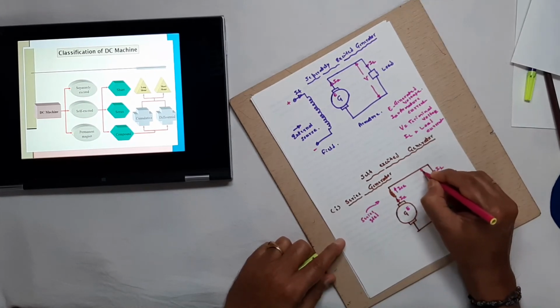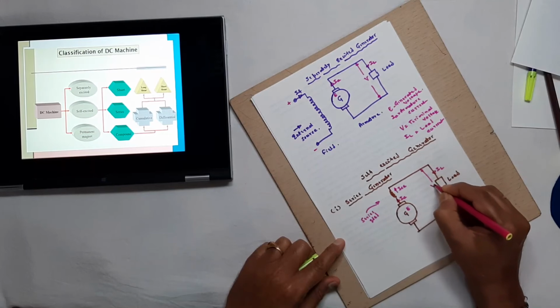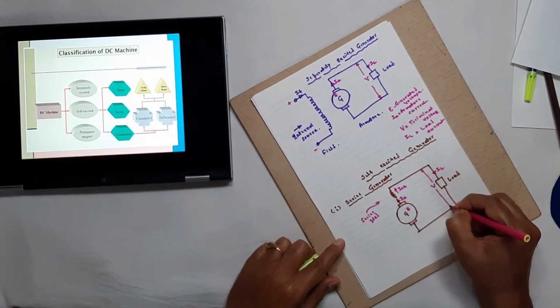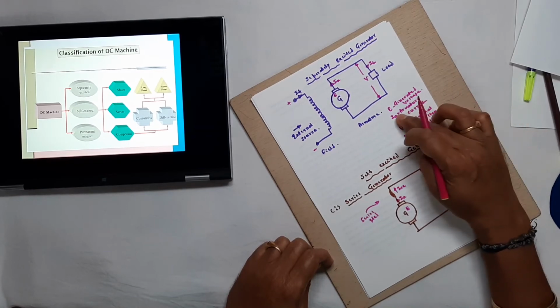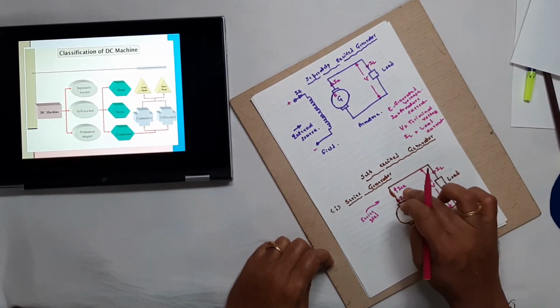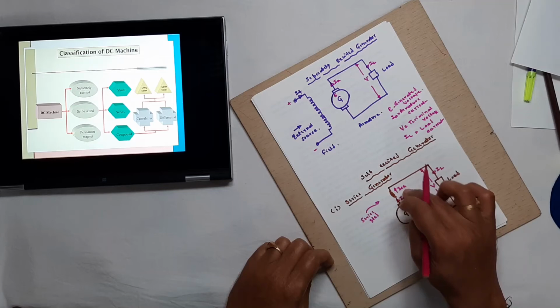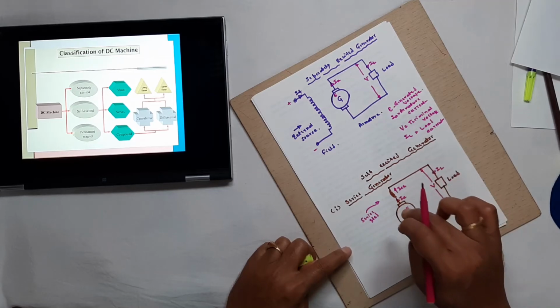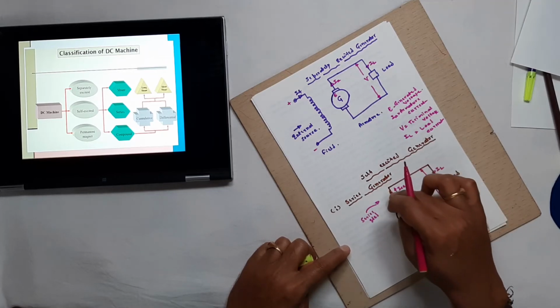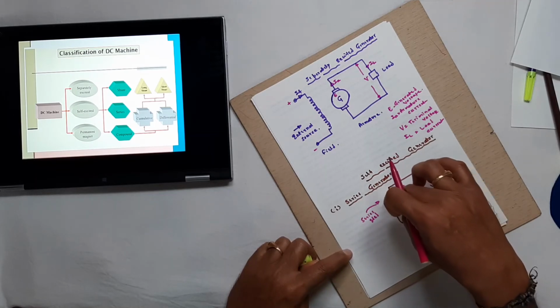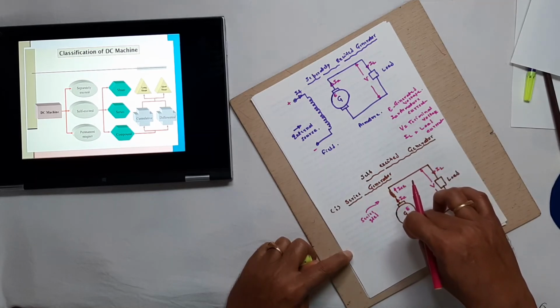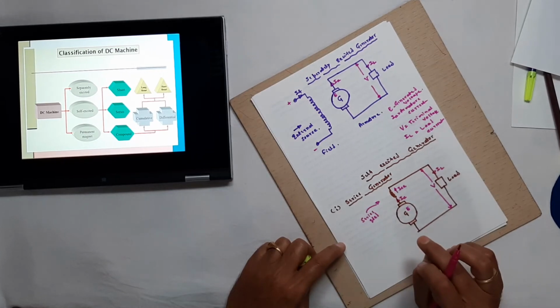Therefore, the voltage across the terminals of the load is V, the terminal voltage. Same terminology: V is the terminal voltage, IL is the load current, I is the armature current. There is one more current I represented here, that is I series, the current flowing through the series field. It is called a series field because the field is connected in series with the armature.